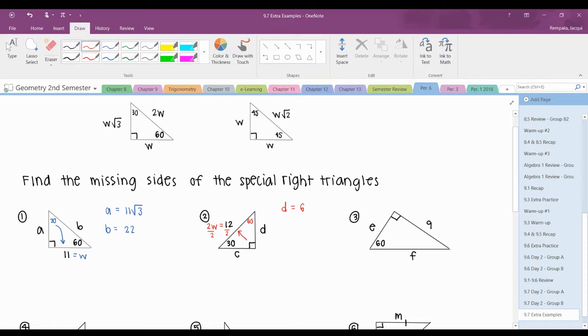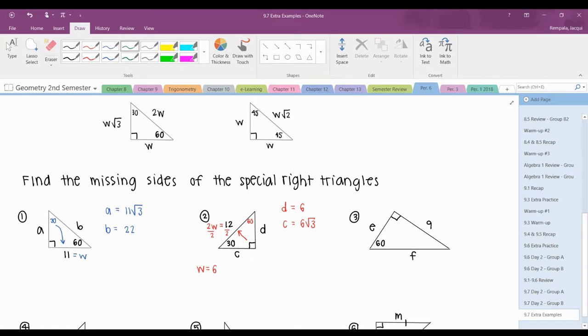There is my side that is D. Okay, so technically then W is 6. Notice that the other side I want to find is the side C. That's across from the 60 degrees, and across from the 60, you always take the shortest side and multiply by the square root of 3. Well, since my shortest side is 6, multiply that by the square root of 3, and we'll have our answer.